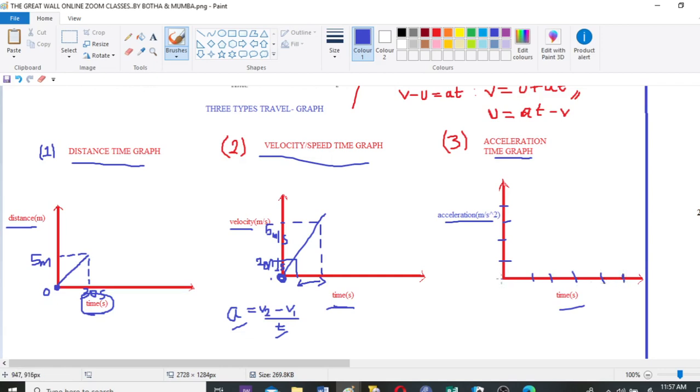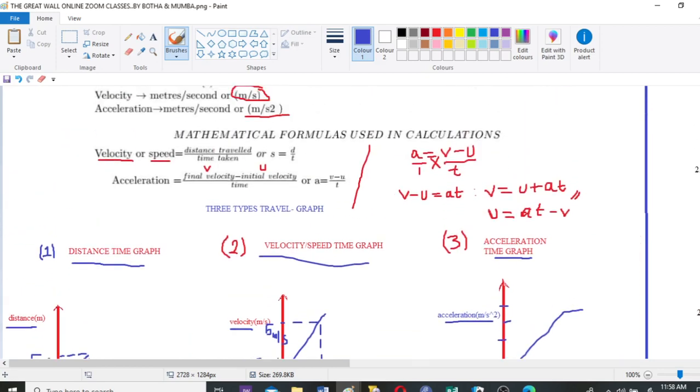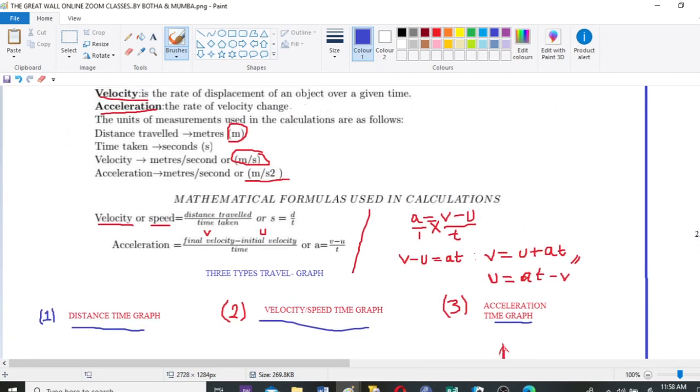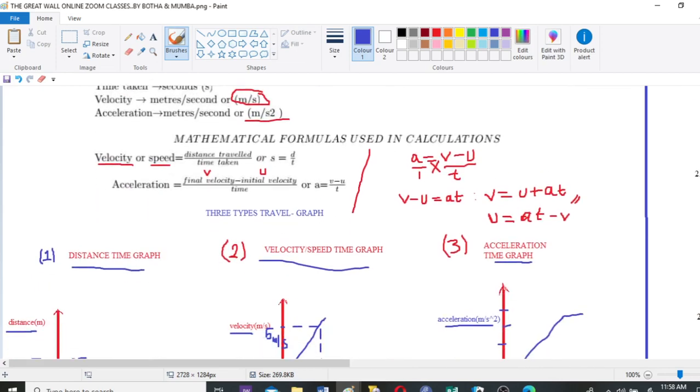So this is the acceleration time graph. These three graphs are very important to know, because they help you to know what you want, when, and how to calculate what you've been asked for. And also remember the units in which these are measured.